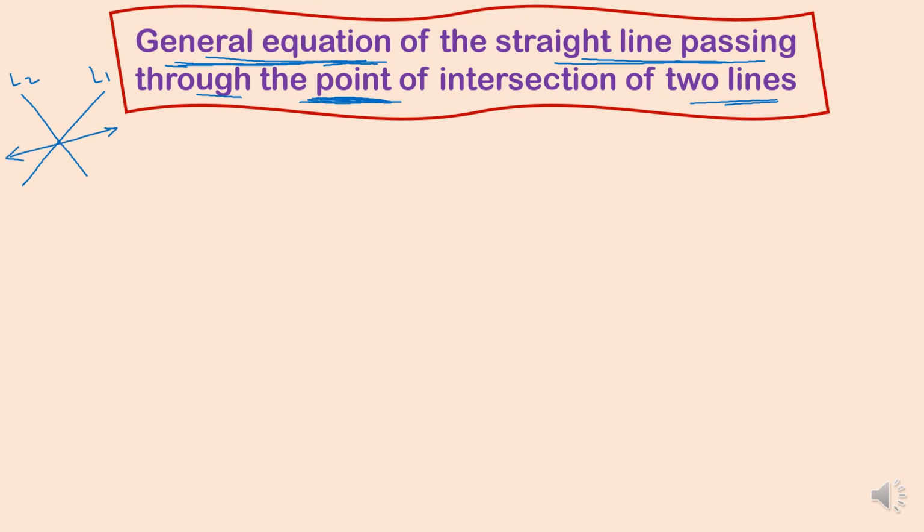The general equation of the straight line passing through this point, which is the point of intersection of L1 and L2. The given is L1 and L2. The required is to find the equation of a straight line passing through the point of intersection of these two straight lines.